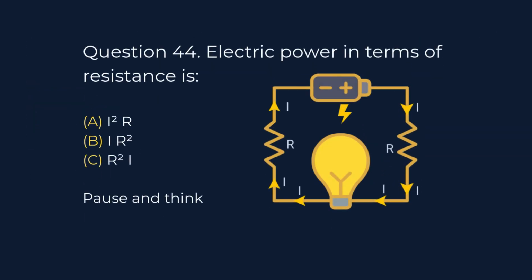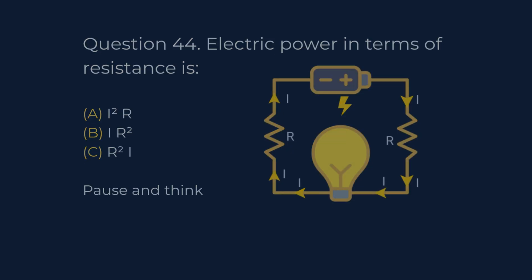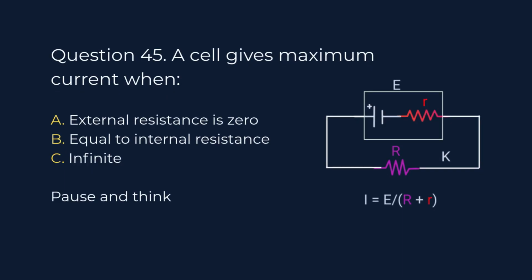Question 44. Electric power in terms of resistance is A, I squared R, B, I R squared, C, R squared I. Question 45. A cell gives maximum current when A, external resistance is 0, B, equal to internal resistance, C, infinite.